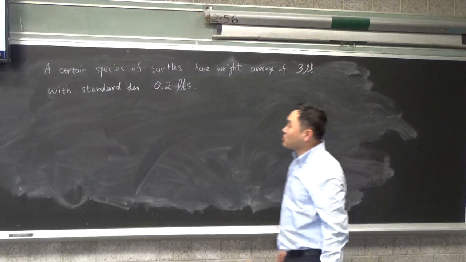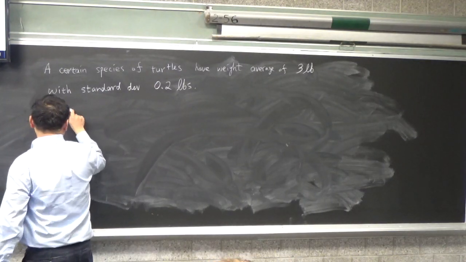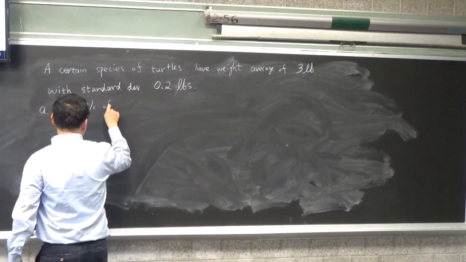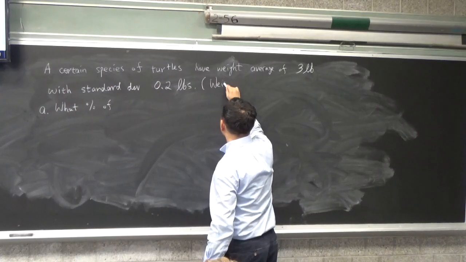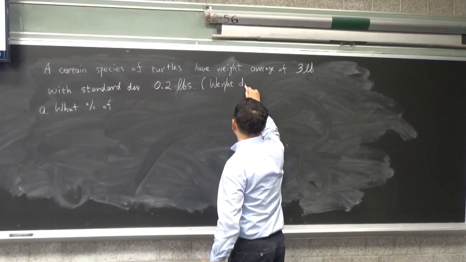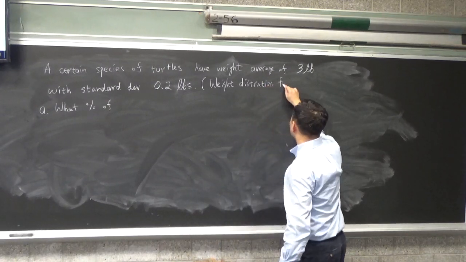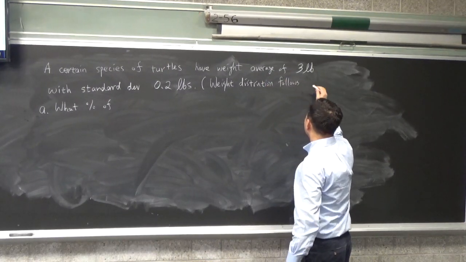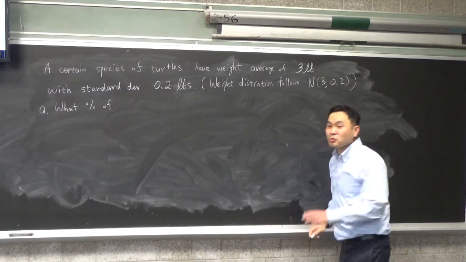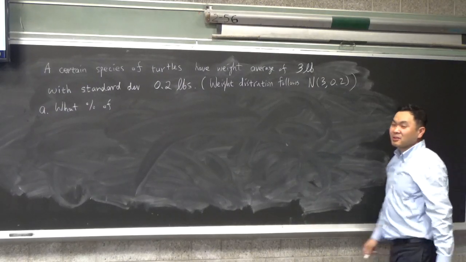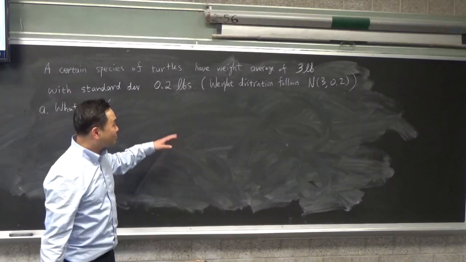So first question is A. What percent of turtles, if the weight distribution follows N(3, 0.2), okay, so it's normally distributed. Okay? And it's a valid assumption, like things like weight and height and length.